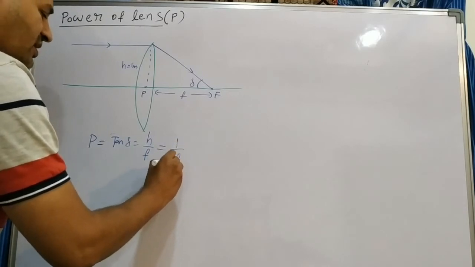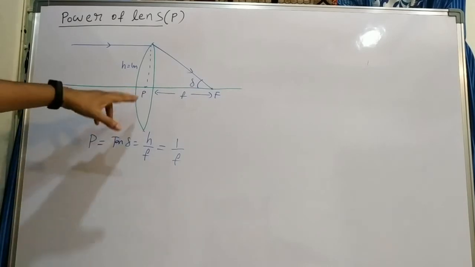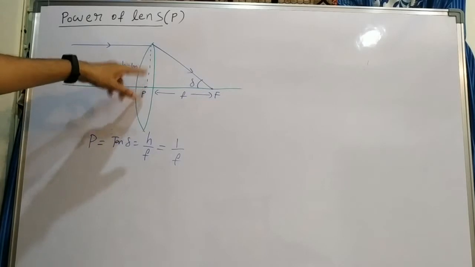So you can write it as 1 by f. So what we can define as optical power, nothing but the power of the lens, is the reciprocal of focal length. Or otherwise, it is the tangent angle made by the refracted ray with the principal axis when it is refracted from 1 meter distance, or unit distance, from the optic center.